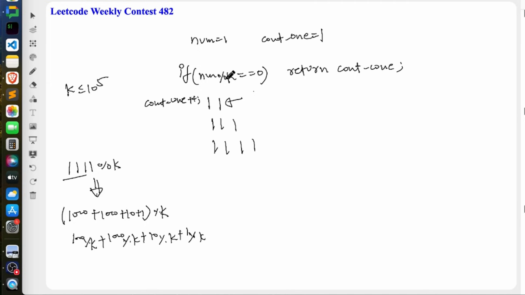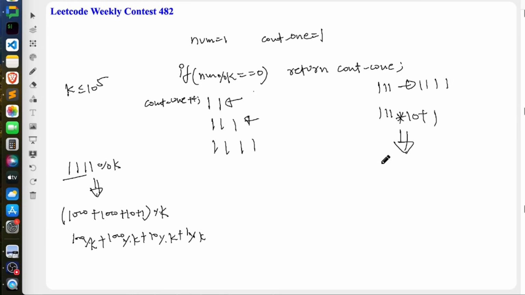So we know that only the remainder matters, right? So this num doesn't have to be 1111, it can be the remainder of it also. Each time, to go to the next number, to convert 111 to 1111, what I can do is 111 into 10 plus 1.